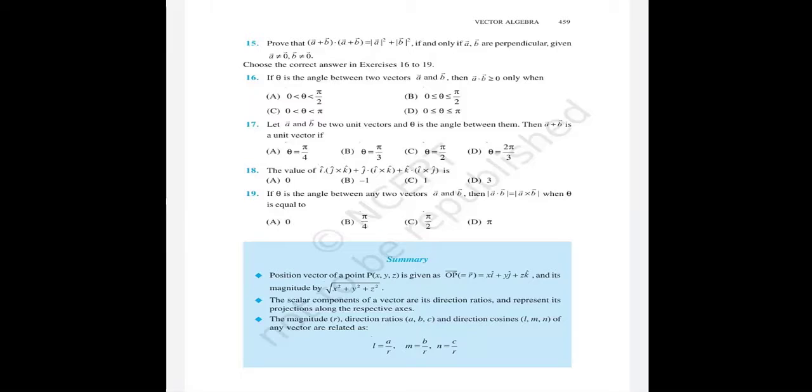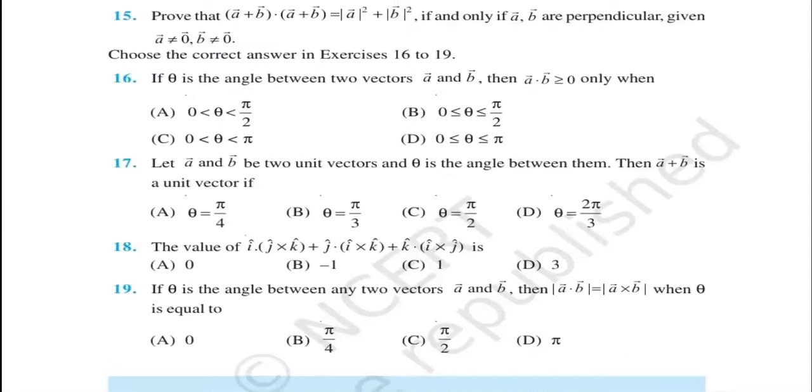Question number 18. They said i dot (j cross k) plus j dot (i cross k) plus k dot (i cross j) is equal to what?